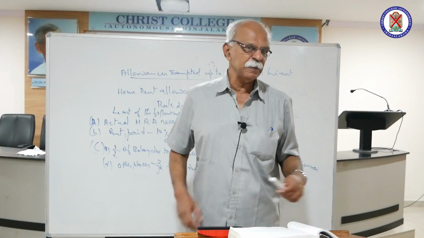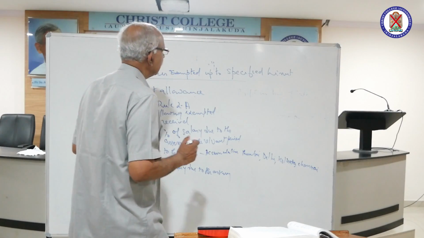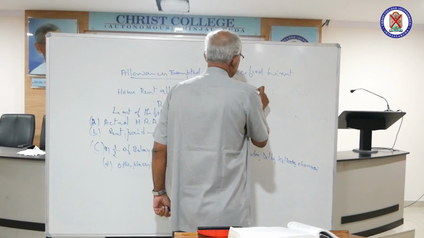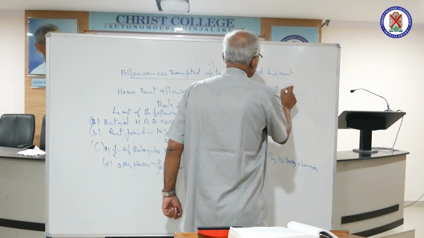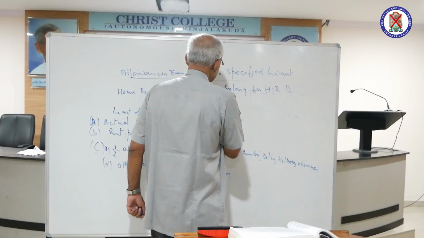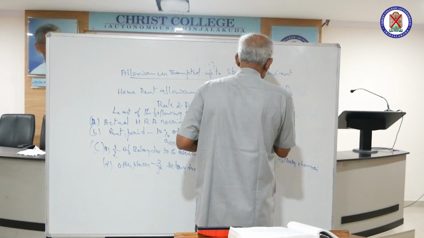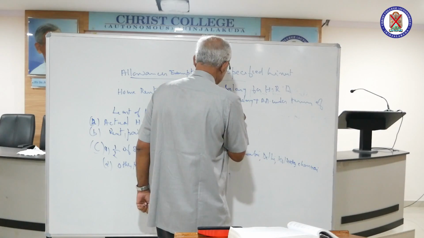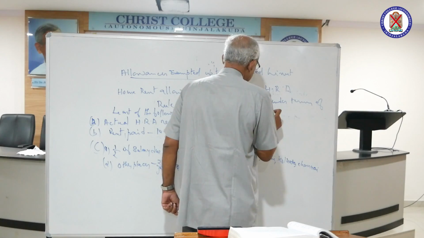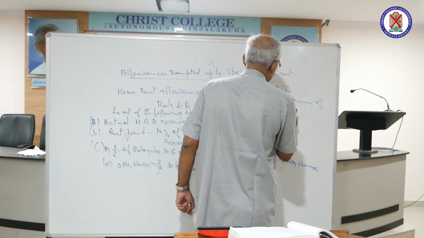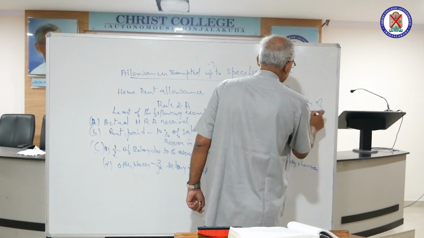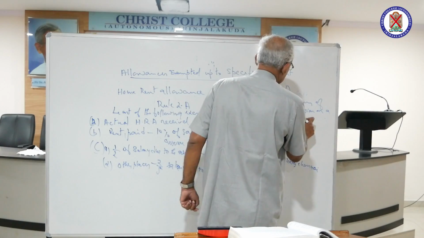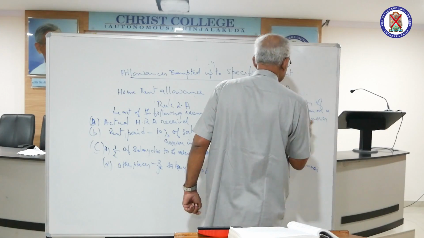So what is salary for the purpose of HRA? Salary for HRA is basic salary plus DA under terms of employment, plus DP, dearness pay, plus commission on a fixed percentage of turnover.